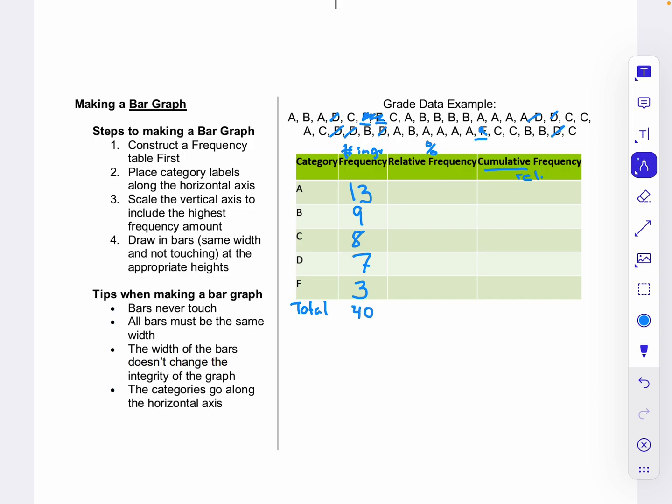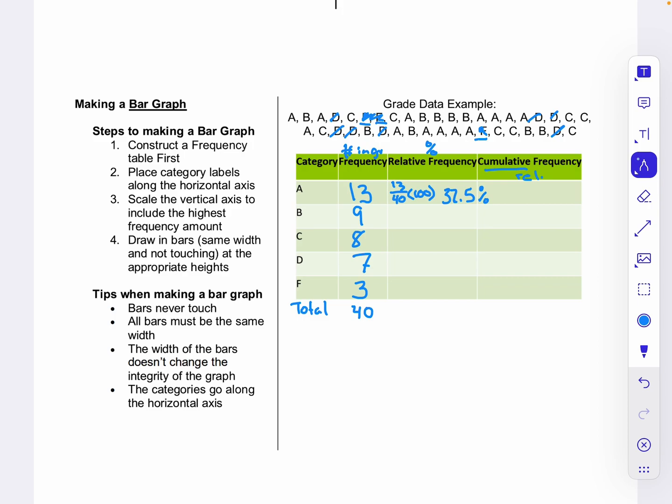I need that number to do my relative frequency, because relative frequency is the percent. So when I go through and find that relative frequency here, I would be doing 13 divided by 40 times 100 to get a percent, and that would end up being 32.5%.